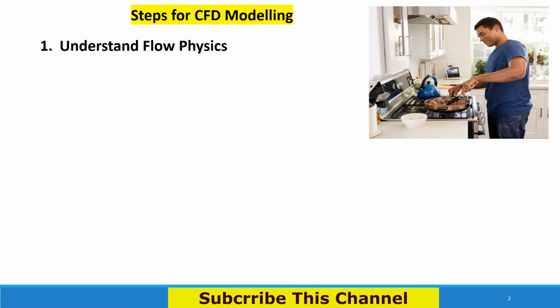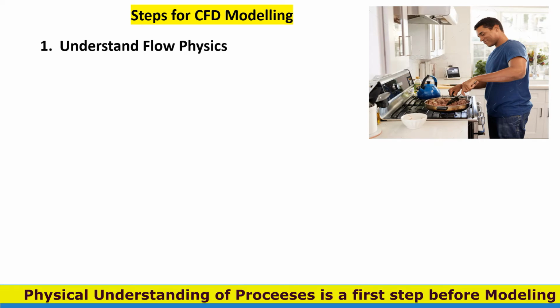Here I have presented a snapshot. One person is working in the kitchen and uses a stove. The stove generates hot flue gases, and there is also a vent outlet to exhaust hot flue gases. Based on practical data, we must collect input data for the CFD simulation.